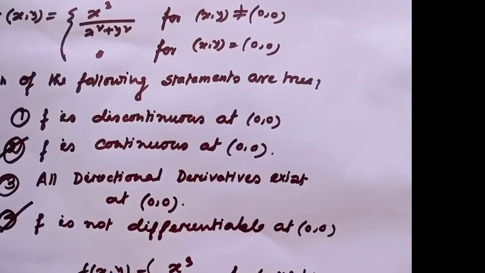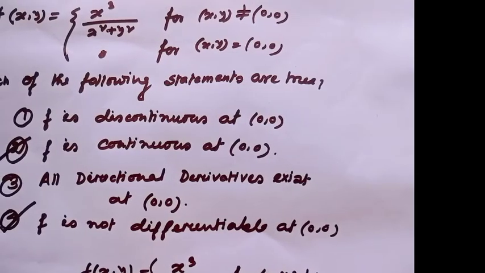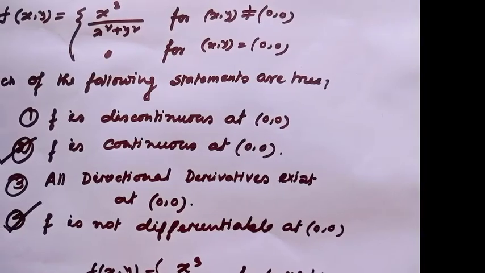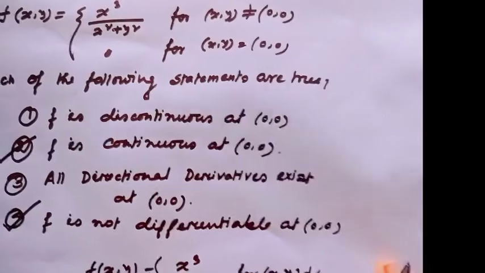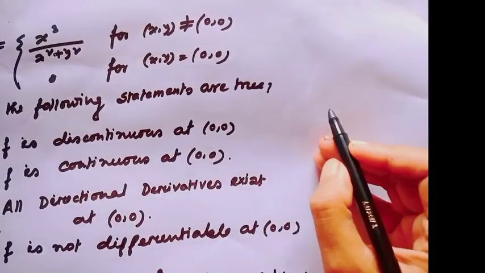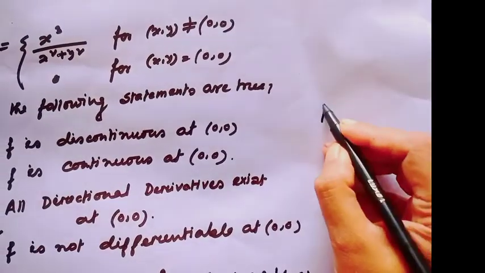To check the directional derivative, because the question indicates all directional derivatives exist at the point (0, 0), we all know the formula.